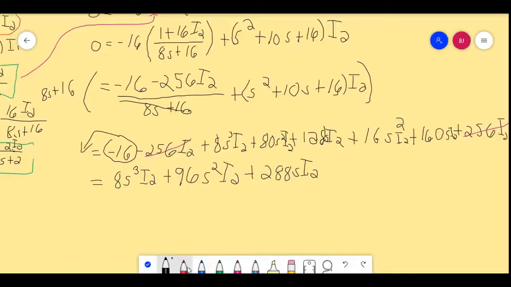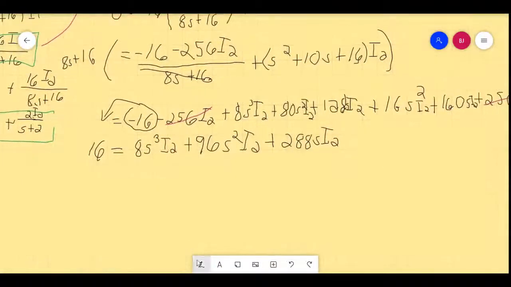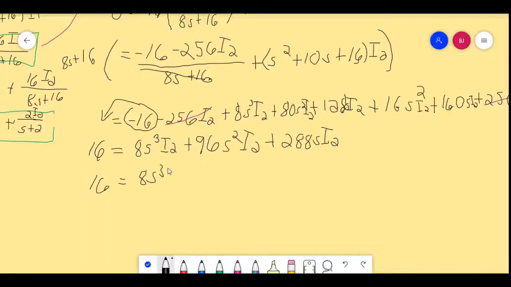So this would actually become positive 16. We're still going to factor out I2.